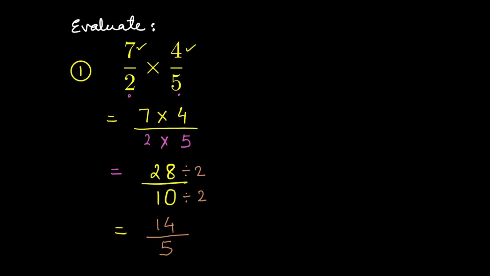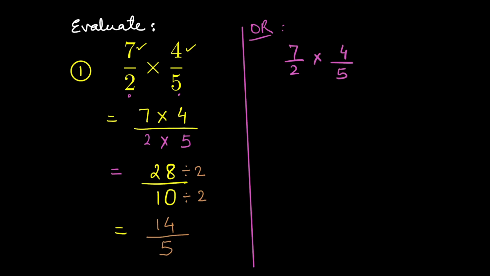Now there can be another way to do the same question. We can do it as 7 over 2 times 4 over 5. We can see here that 7 and 2 cannot be reduced further. We should also check, can 7 be reduced with 5?